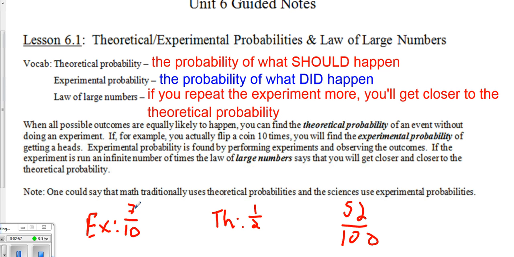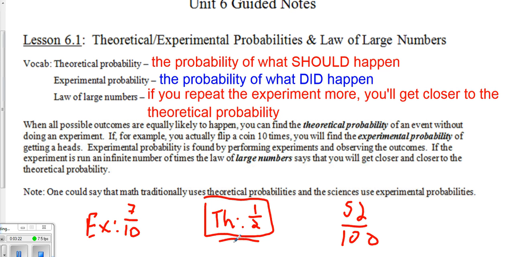Here we were 4 apart, 3 tails, 7 heads. Here, using 52, we'd be 52 and 48. Those are also only 4 apart, but this 52 out of 100 is much closer to 50%, this 1/2, than this one is. So the more you run the experiment, the closer it should get to that theoretical probability.